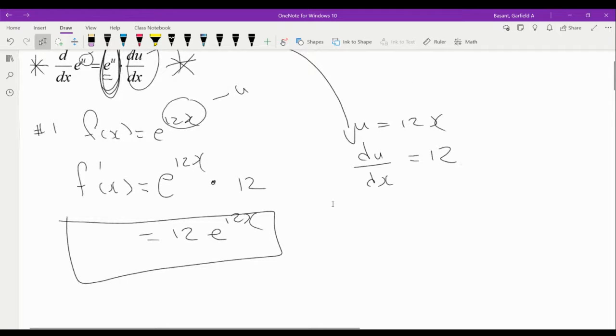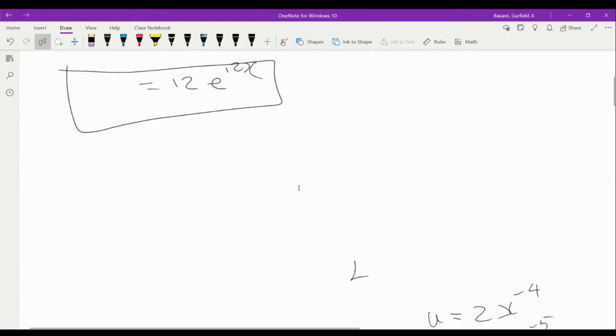Let's grab another problem from your homework. Let's look at number 3. It says f of x is equal to x to the 5th minus 6e to the 9x.